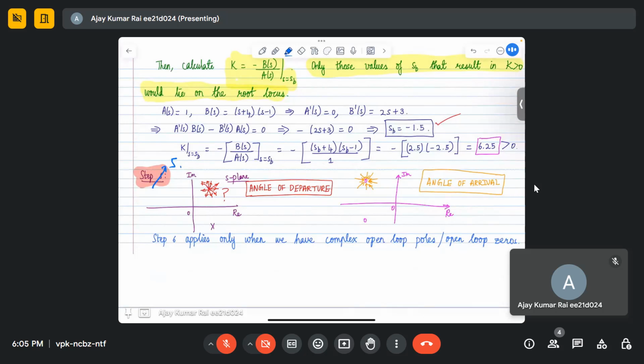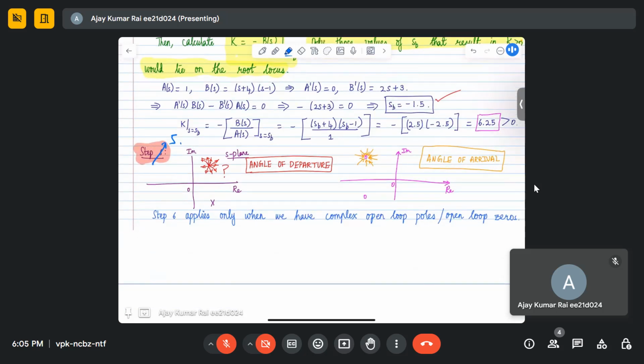The fifth step was how to calculate the angle of departure and angle of arrival. The angle of departure is for the open loop poles, that is, at what angle the root locus departs.